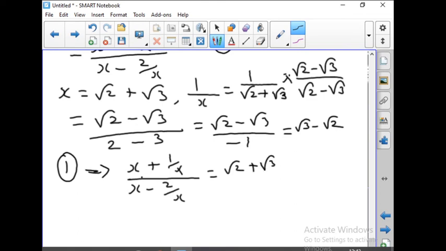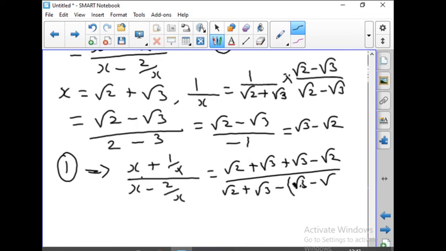What is 1 by x? Plus root 3 minus root 2, divided by, what is x again? Root 2 plus root 3, minus 2 by x. So minus of root 3 minus root 2.